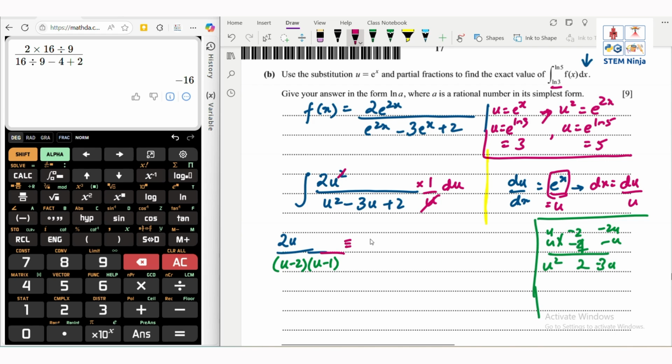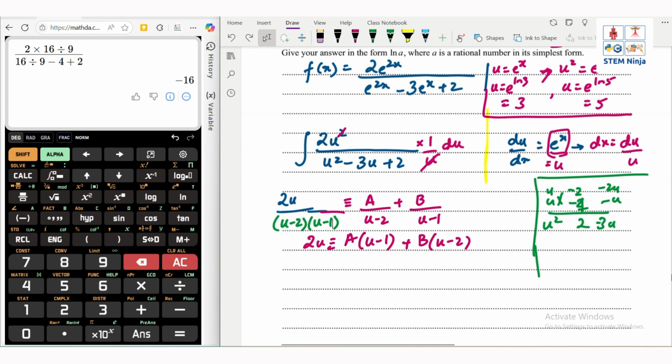Right. So this would be turning into a over u minus 2 plus b over u minus 1. So this is easy. 2u is identical to a(u minus 1) plus b(u minus 2). When we plug in u equal to 1, we get 2 equals minus b, so b is minus 2. When we plug in u equal to 2, we get 4 equals a, so a is 4.